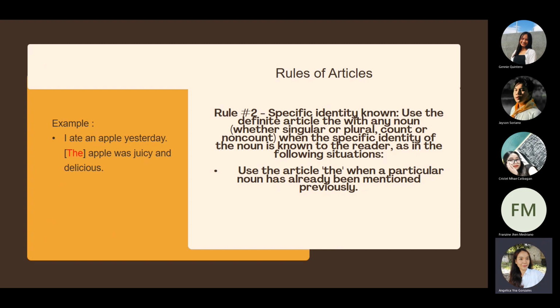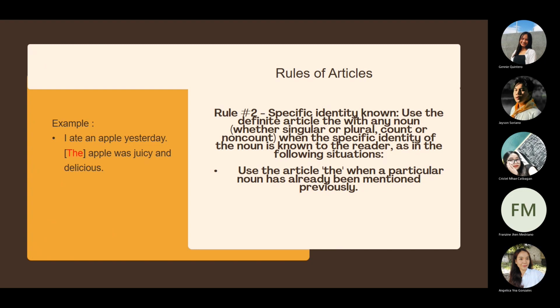What did he or she eat? It is specifically an apple. He or she ate an apple. An apple is identified. The particular noun has already been mentioned. So it is followed by the article the and the rest of the sentence.